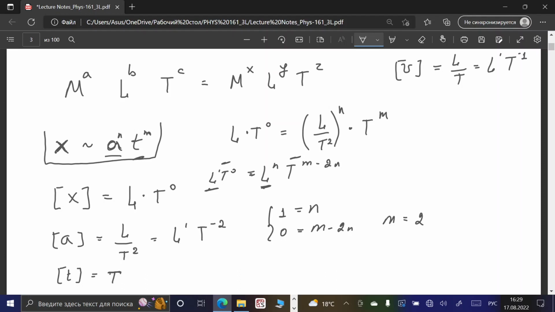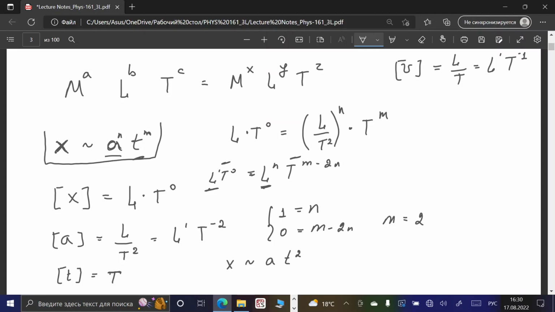So we can write that x is proportional to a times t to the power of 2. We need to get rid of the equals sign, because we have just proportionality. Again, it doesn't give us the exact solution, but gives us the general dependence up to some constant.